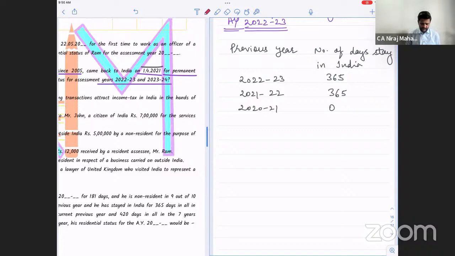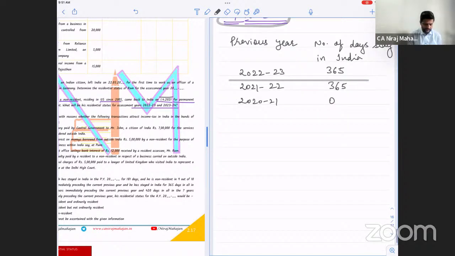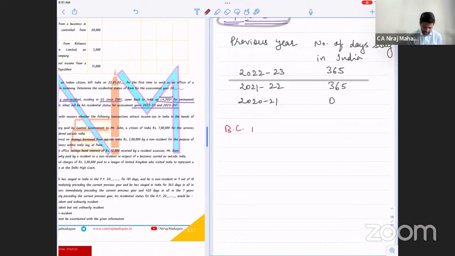I'll tell you. Now pay attention. We're doing it for AY 22-23, but for AY 22-23, that is which PY? It means we are doing it for PY 21-22. Clear? First one, basic condition number 1. Satisfied or not satisfied?